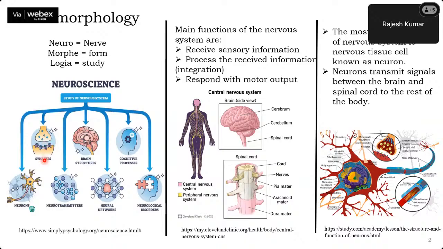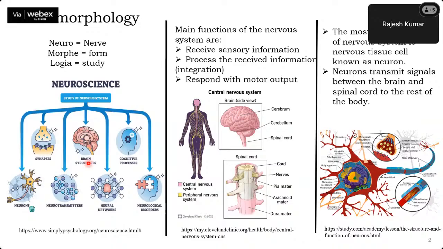So people are working at that level. Another level is basically the transmitters. We know that these neurons transmit some chemicals, and other neurons bind to them. How those transmitters and the binding process occur is one part of it.